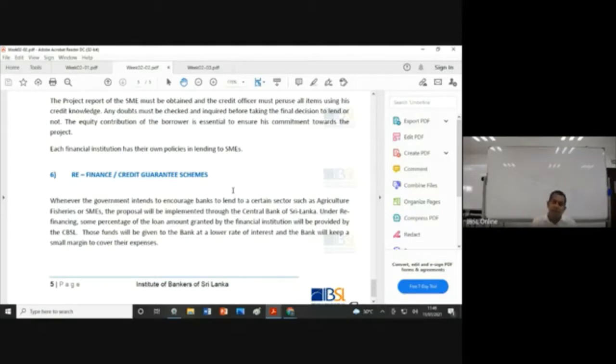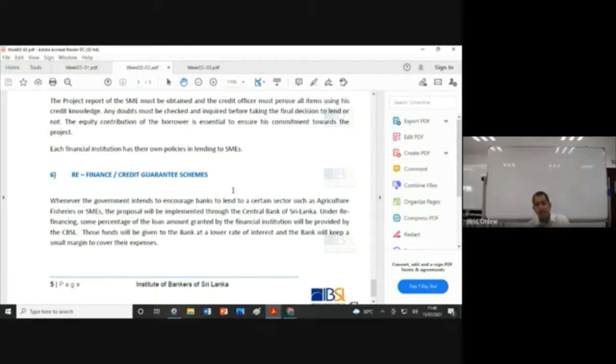Whereas Sri Lankan government will, through the central bank, because central bank is the banker for the government, give that money to the other banks, right? For maybe 5 years, maybe 10 years, at a cost of maybe 5-6% or 4%. So the banks can keep a margin and relay, but it is concessionary.